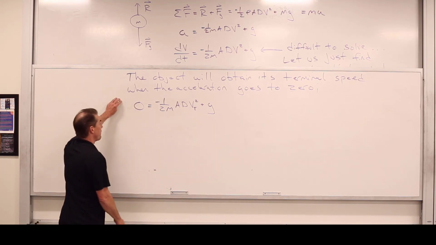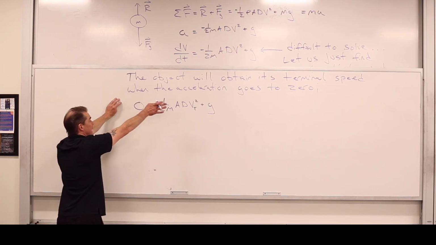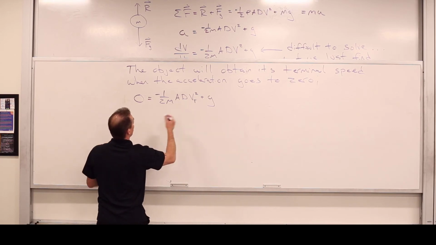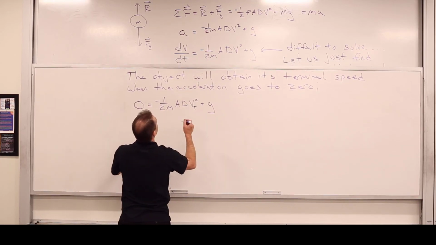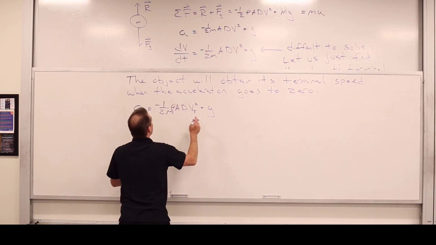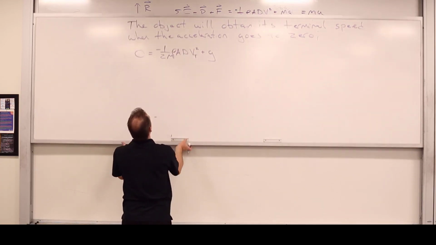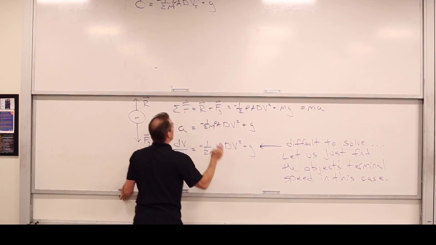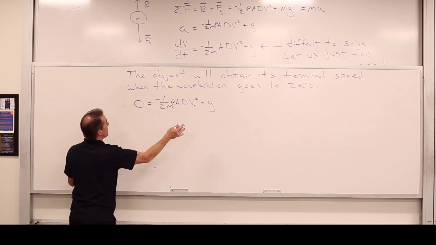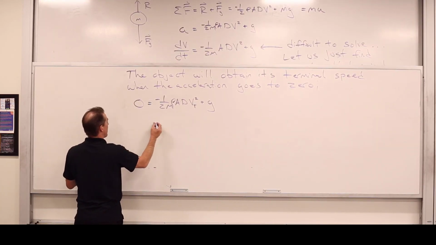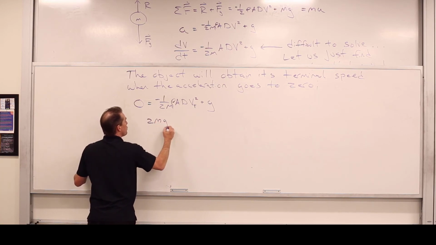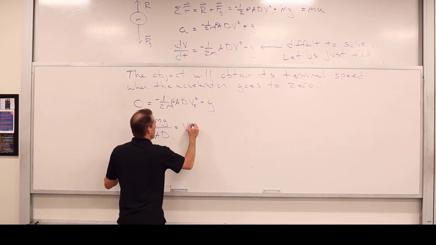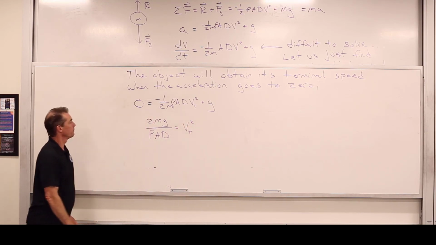We can subtract g from both sides. Notice that it'll cancel out a negative sign. Multiply by 2m, then divide by rho A d. We get 2mg over rho A d is equal to v sub t squared.